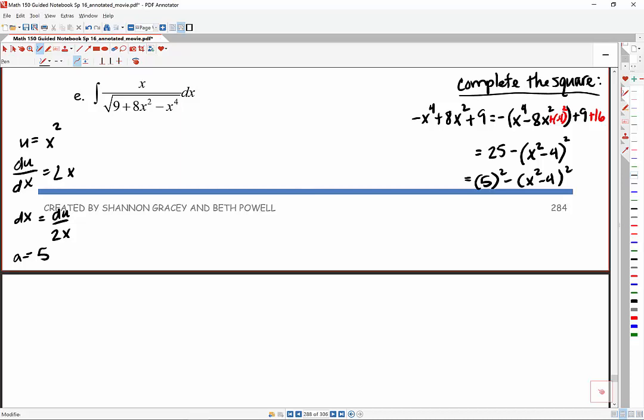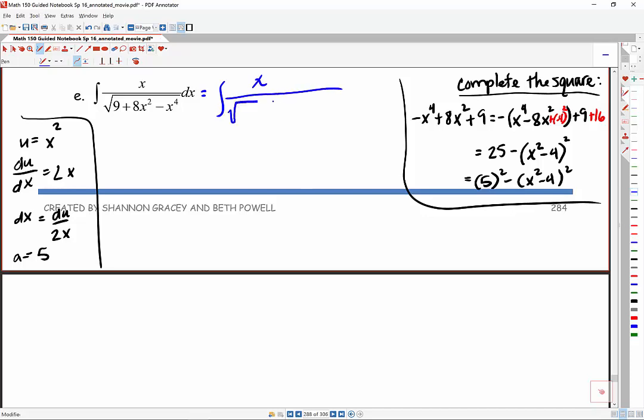All right, let's see how this one shakes out. So we will have the integral of x over the square root of 5 squared minus what? u minus 4, the quantity squared. Good so far?